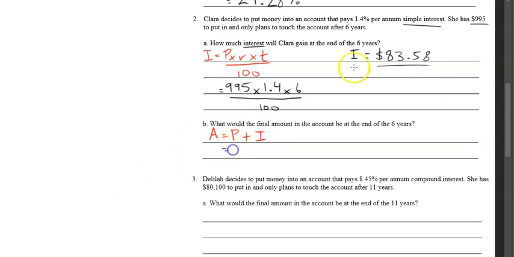So in this case, our principal, how much she started with for an investment, is $995, and how much interest was earned or given to her by the bank is $83.58. So all up, the amount that she has within her account is $1,078.58 when you calculate the addition of these two numbers here.